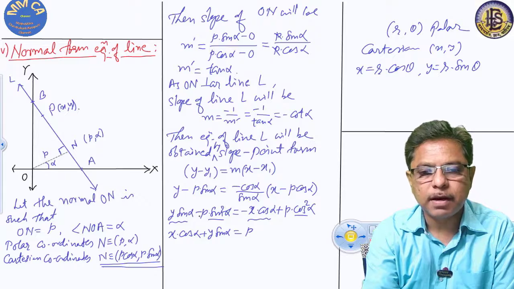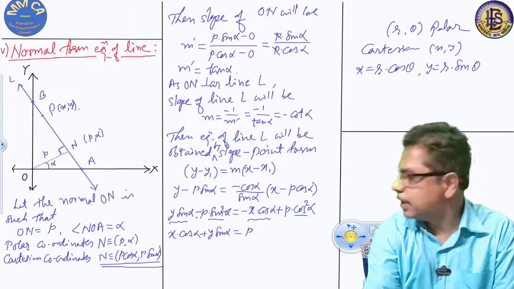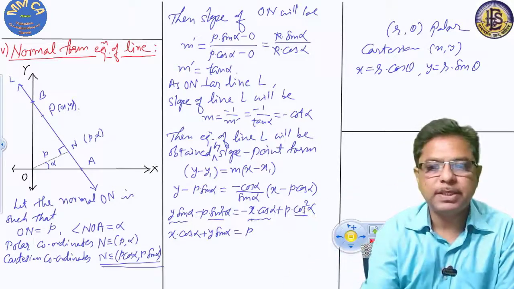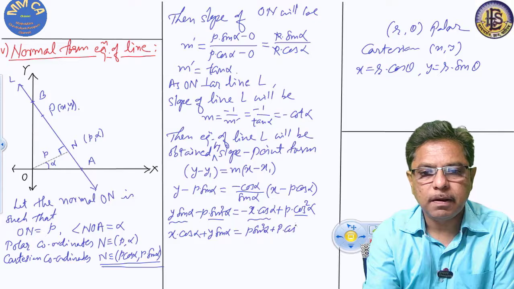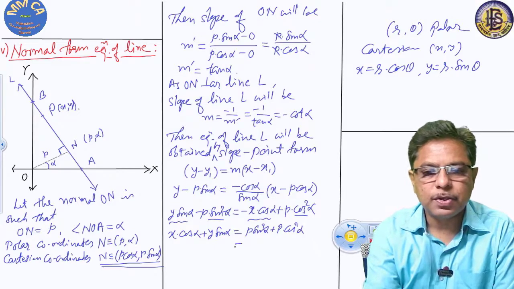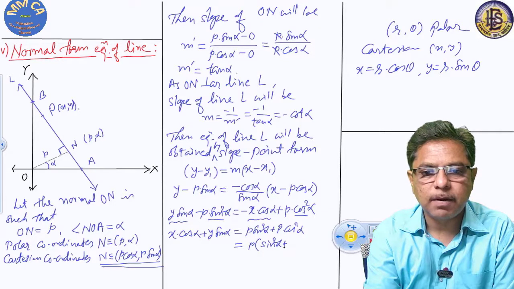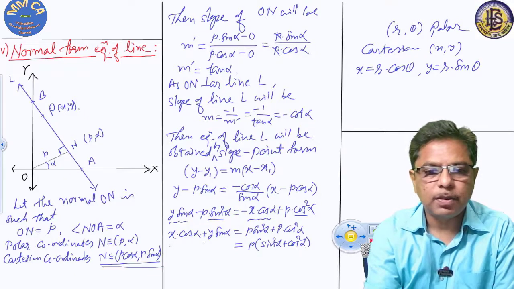This p sin square alpha is negative on that side, so it will become positive p sin square alpha plus p cos square alpha. So here we may take p common outside. This is sin square alpha plus cos square alpha. No change on left hand side.